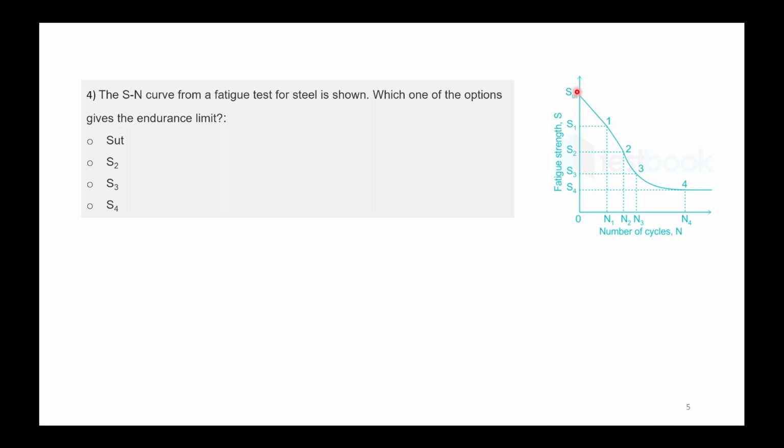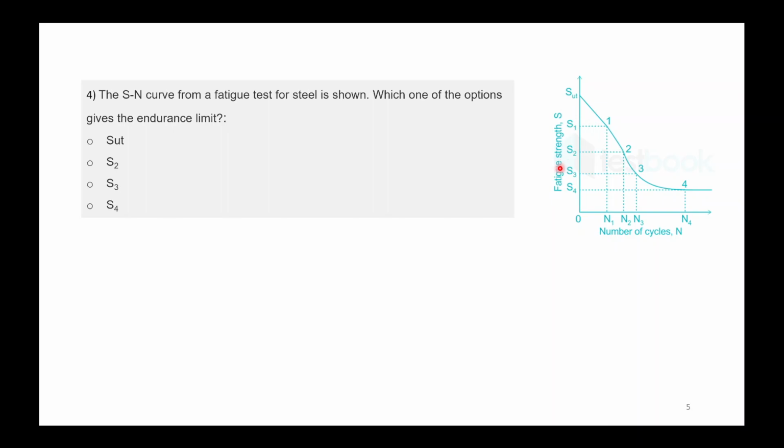Now here multiple stresses are given. S_UT is your ultimate tensile strength, and at this point, at 0 cycles, your material will fail at ultimate tensile strength. As we keep on taking some number of cycles for fatigue loading, your stress keeps on reducing.